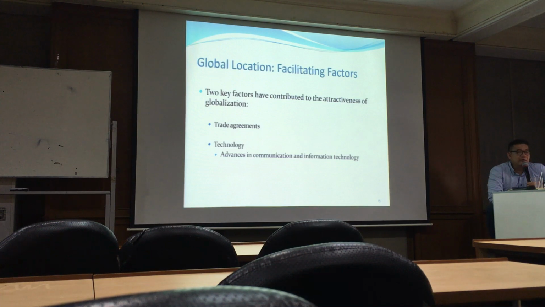The first one is the trade agreement. The trade agreement means the agreement between two countries, or between the country and a company outside the country that wants to do business. If you have free trade agreements, it helps because there is no barrier to prevent the company outside from doing business in that country.